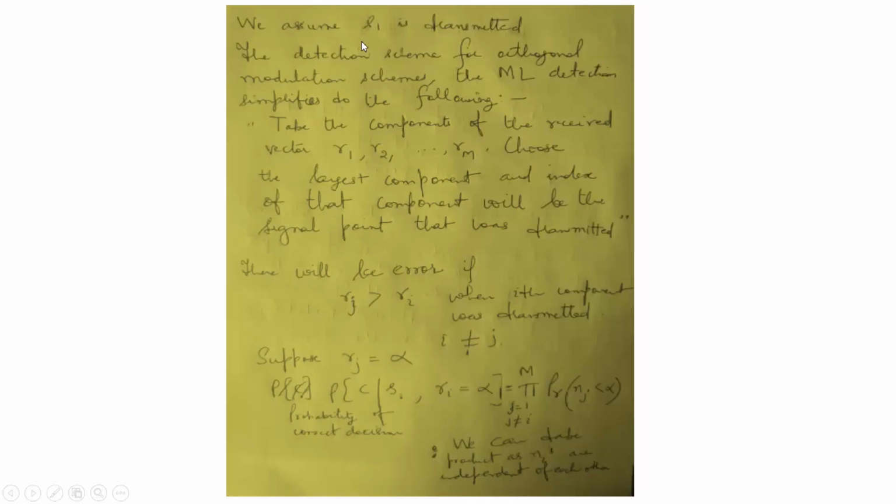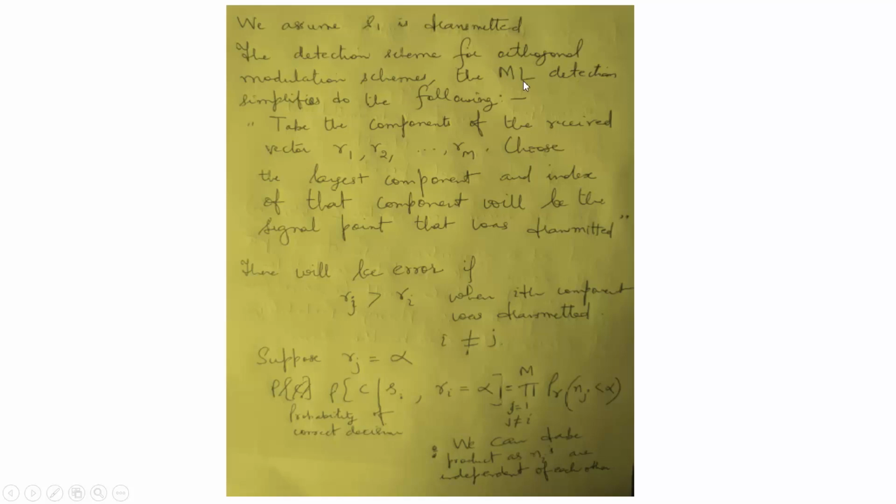Now we assume Si was transmitted, some ith component is transmitted. What is the detection scheme? Orthonormal modulation schemes follow ML detection. The maximum likelihood detection simplifies to the following.